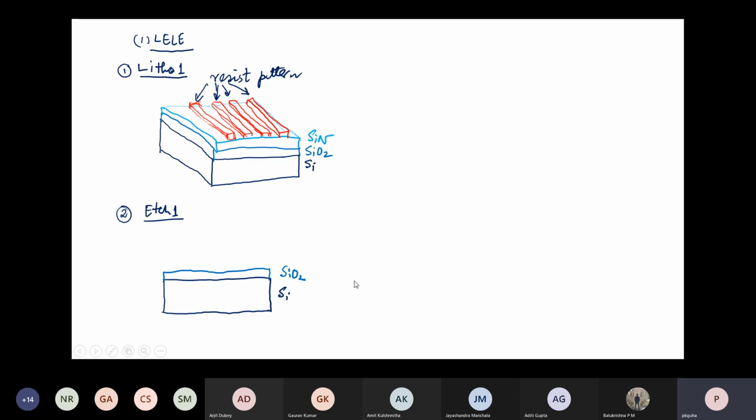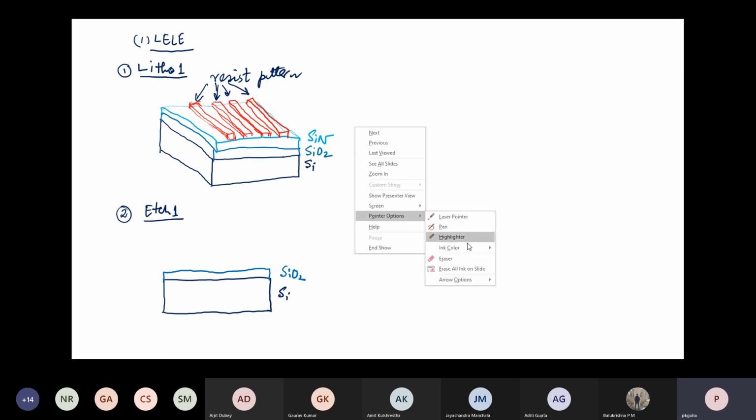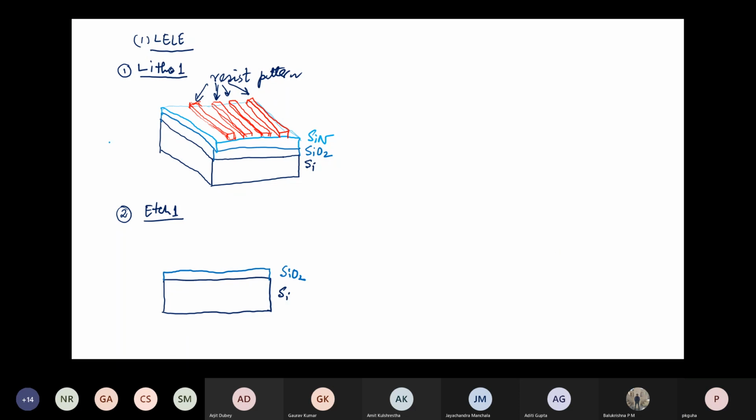On top of SiO2, as I said, I have etched silicon nitride. So I end up with silicon nitride only here, because here there was resist.